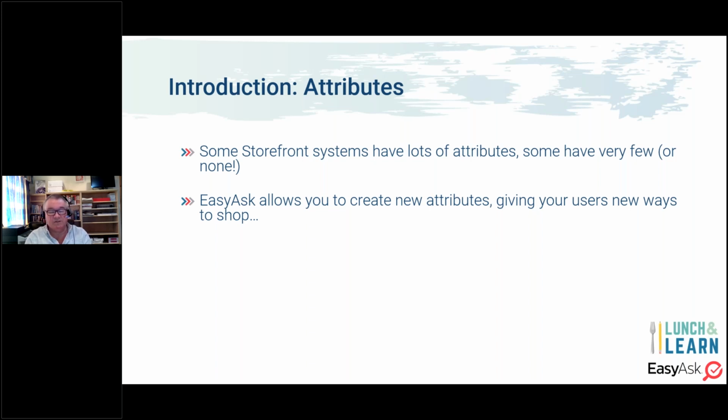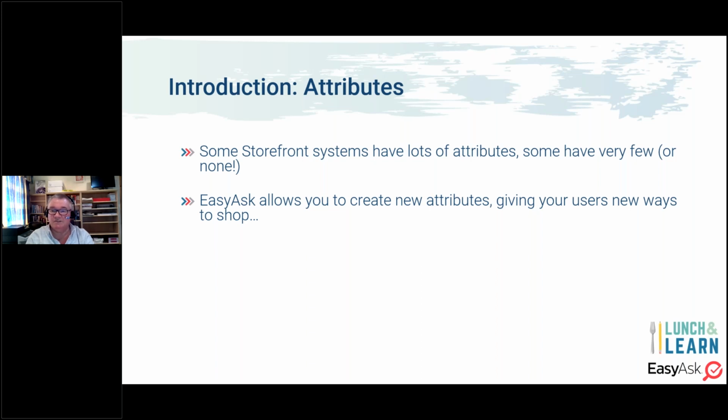But what we're going to be talking about today is how EasyAsk can give you the ability to create new attributes. Even if you've got lots, there's always a case for having an extra attribute for a particular reason. And these new attributes effectively are giving your users new ways to shop. So they are improving the user experience.